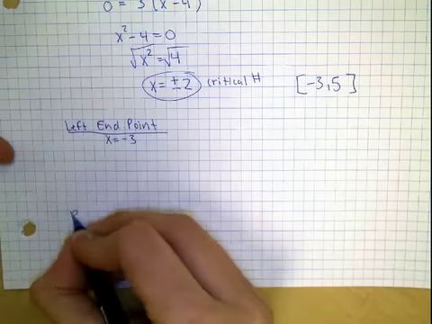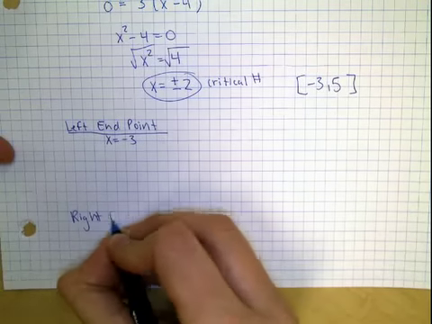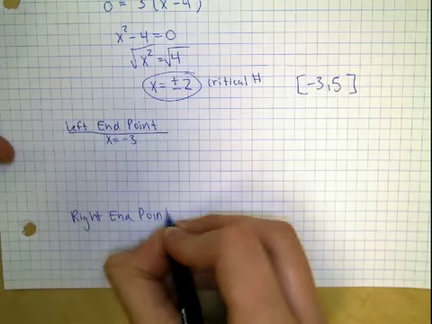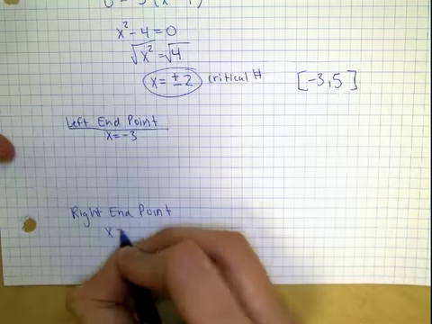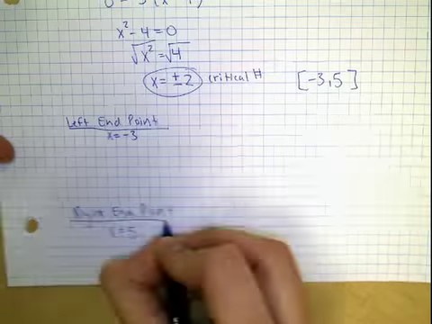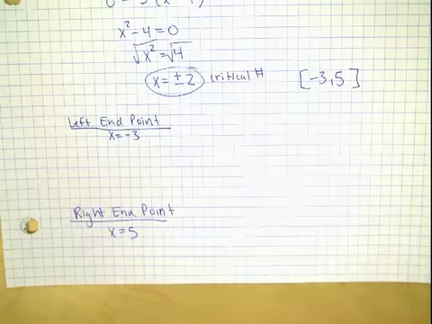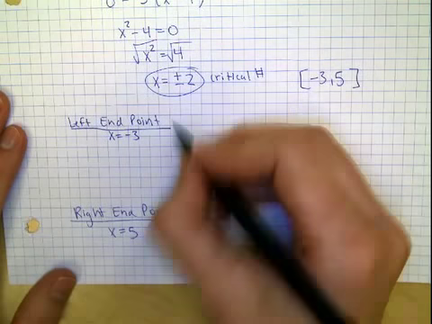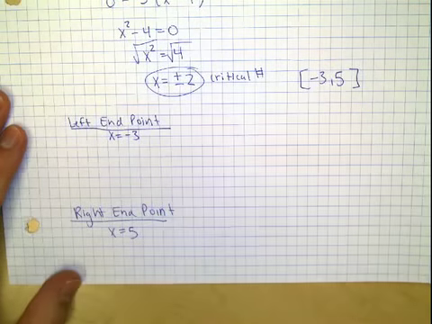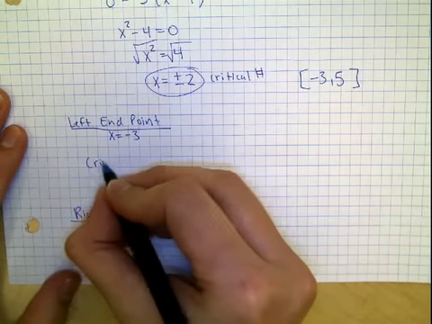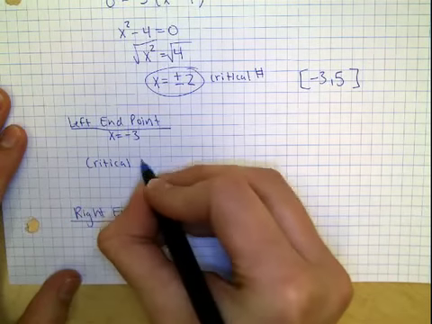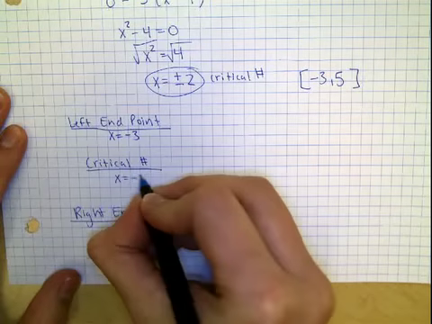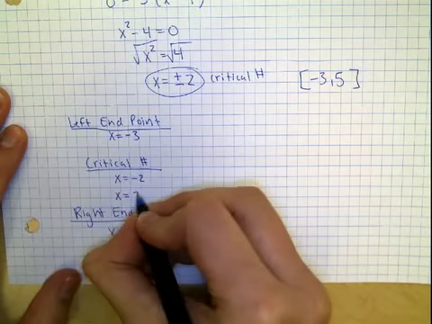Our right endpoint, which I'll write down below here, is at x equals +5. We want to know which value, +2, -2, or our endpoints, are going to give us the max and min. So I'm going to write critical number in the middle here. And I have two critical numbers, x equals -2 and x equals +2.